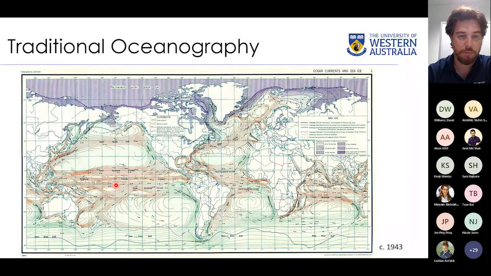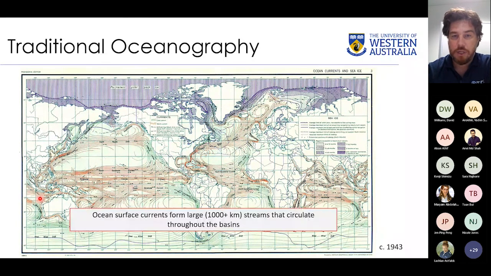Some of these lines are correct, some are not. For example, the current is shown flowing northward in this plot. But that was the understanding at the time, that ocean currents form these large 1,000+ kilometre wide streams that circulate across the ocean basins.